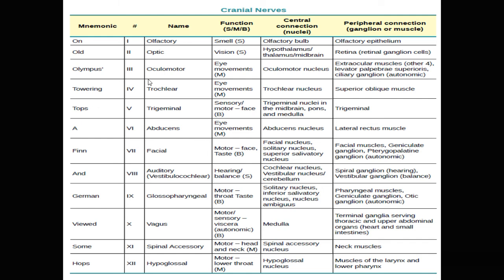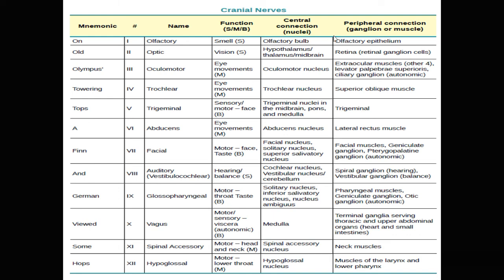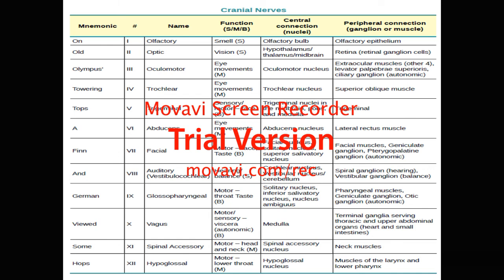The table has the cranial nerve number, the name, and the function, and it also tells you the central connection and the peripheral connection. So definitely know the cranial nerve number and function.